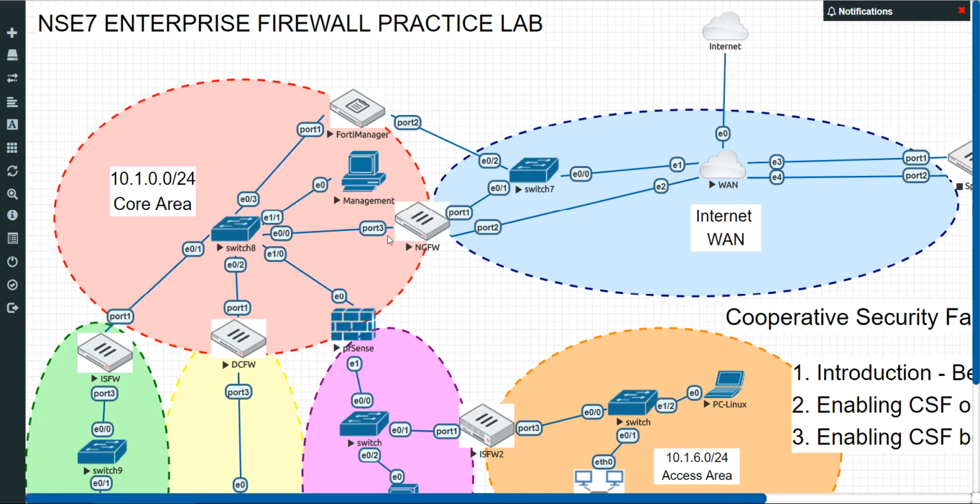Now, port 3 is pointing inside to this core area, so we want to make sure that FortiTelemetry is turned on as a management protocol on that interface on our next generation firewall. And port 1 is turned on in these other devices, because they're reporting out towards port 1, so FortiTelemetry is going to be turned on there.